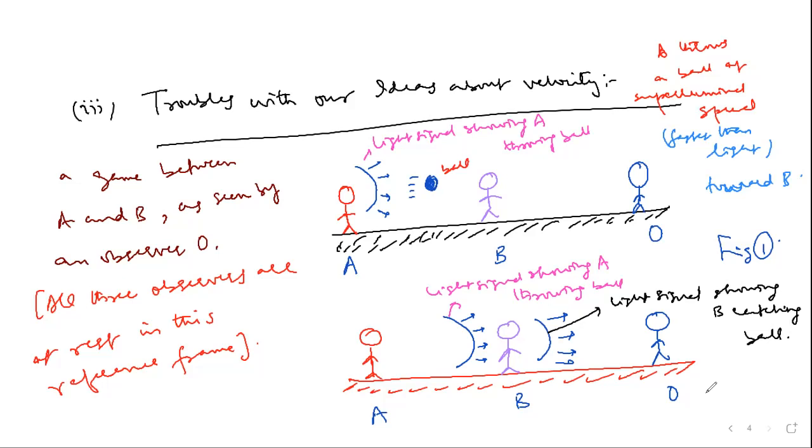So there is a causal relationship between throwing a ball and catching a ball. But since the ball is traveling at a speed faster than light, what will happen? The light signal from B arrives to O before the light signal from A, right? Therefore, according to O, B catches the ball before A throws it. So there is the problem.